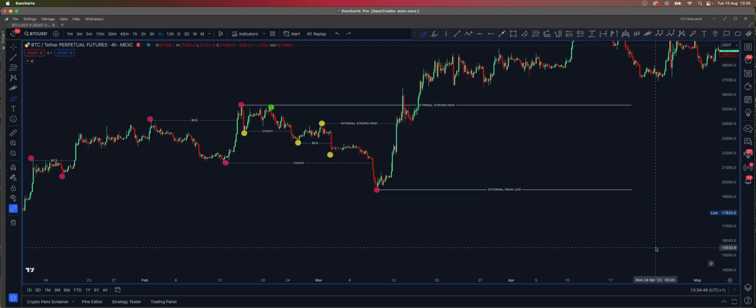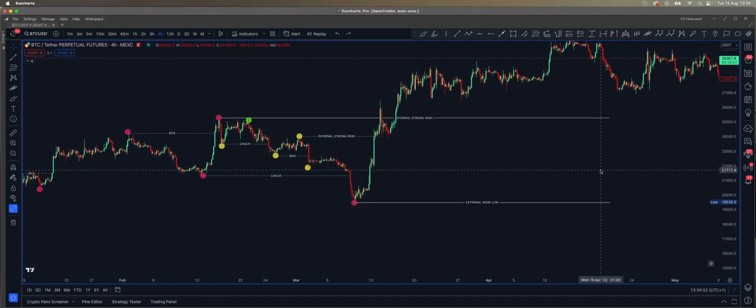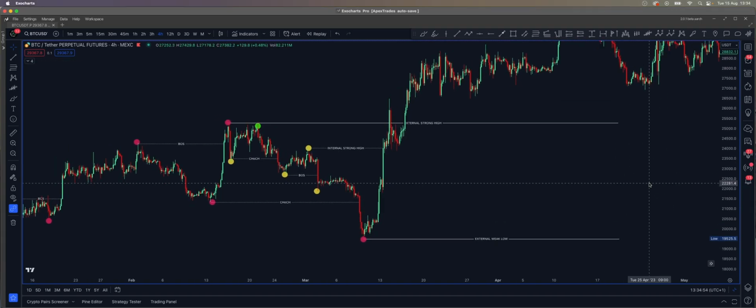That was a very interesting point in Bitcoin's history for me personally. It kind of showed you that even though you might think you are great at market structure, the market will do whatever it wants to do. Our job as analysts isn't to be perfect every time. It's just to trade what's in front of us every time.